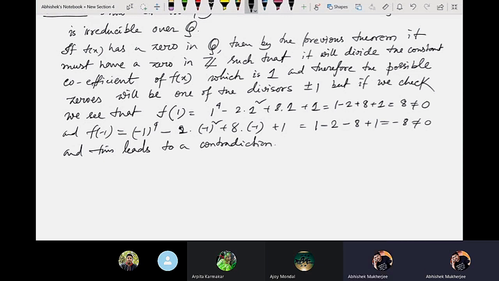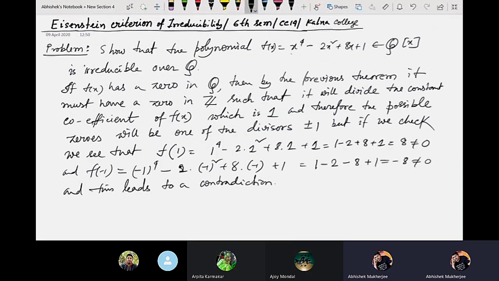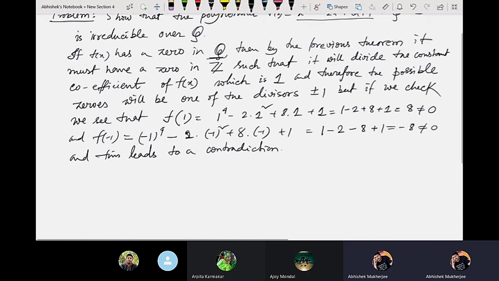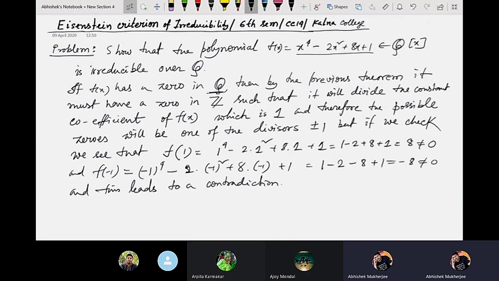That is, the polynomial given above will not have any 0 in the field of rationals, or otherwise it must have a 0 in Z, which gives us a contradiction. Okay, so in this way we can check the irreducibility of polynomials over Q[x].